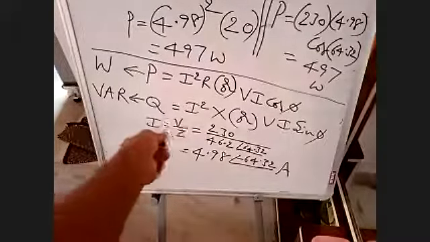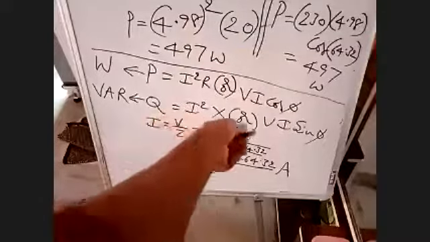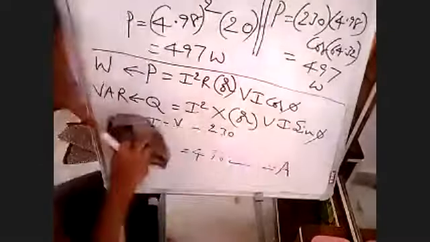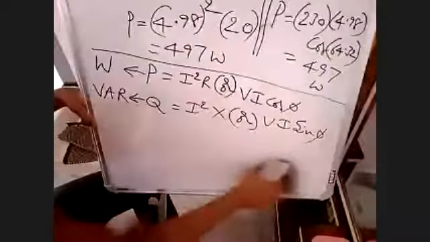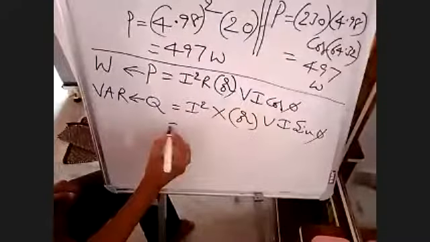We have two formulas: I square X, where X is called net reactance, or VI sin phi.